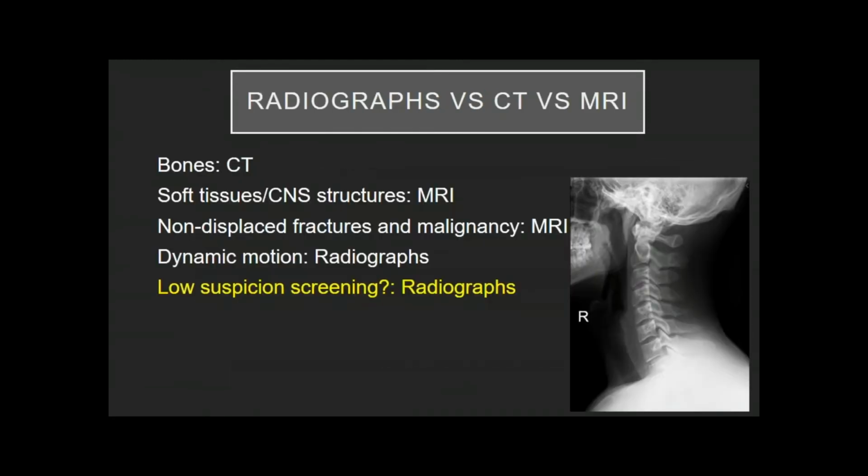All right, what about low suspicion screening? In the past, a lot of people have used radiographs for low suspicion trauma screening, and that is not incorrect. If you really don't believe the person has injured themselves seriously, but it's something that you want to take a look at and not necessarily go the distance of a CT, you can do it.